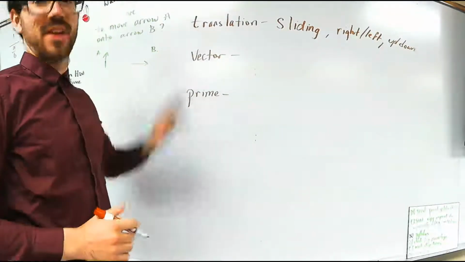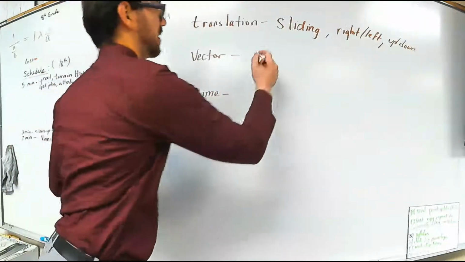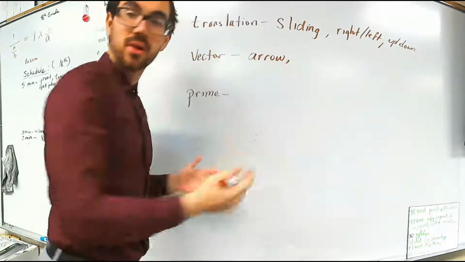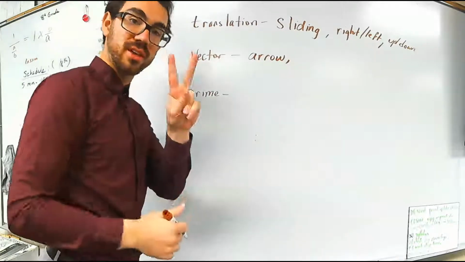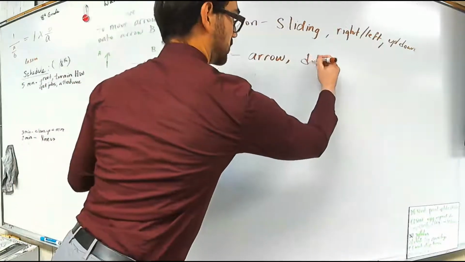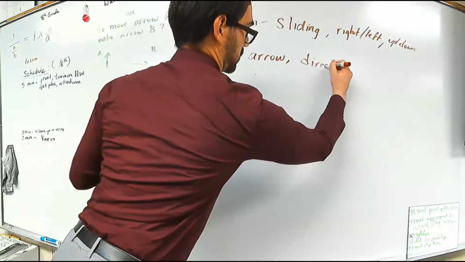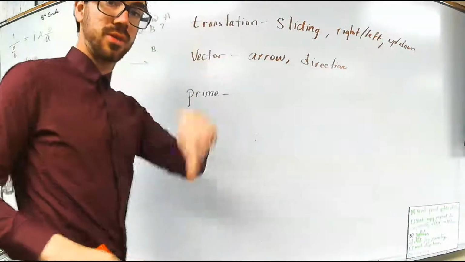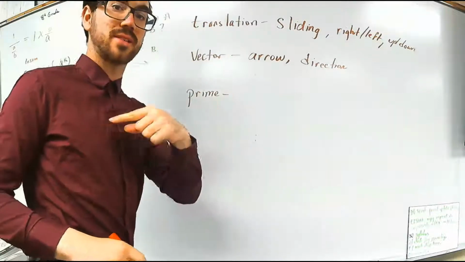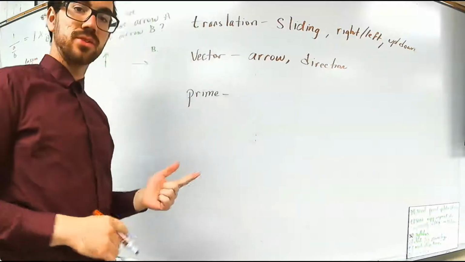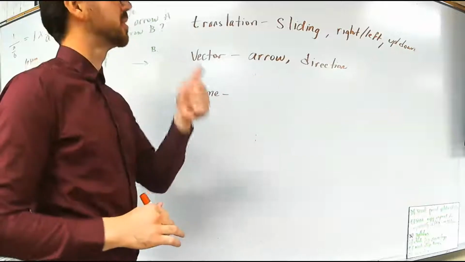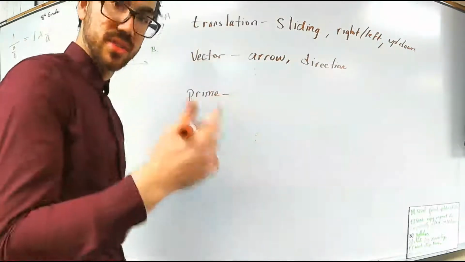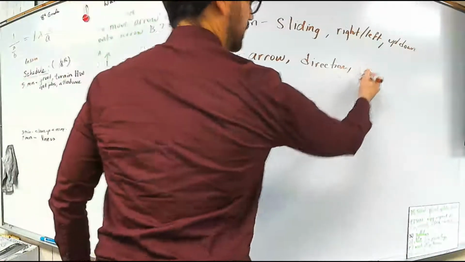Let's think about a vector. A vector is looked at as an arrow. And this arrow signifies two things: direction. It tells you which direction you're going: north, south, east, west. Or it tells you I'm going right, left, upwards, downwards. And then it also tells you the second thing: distance.